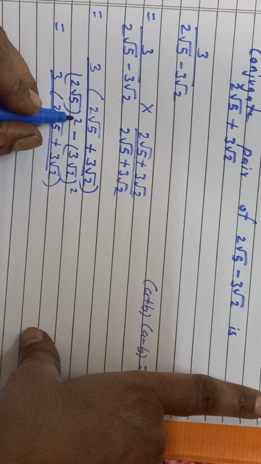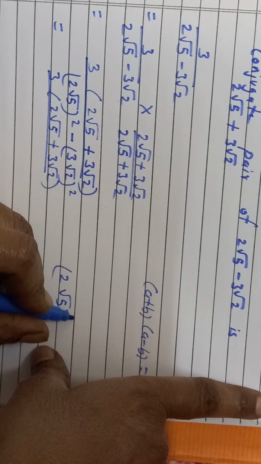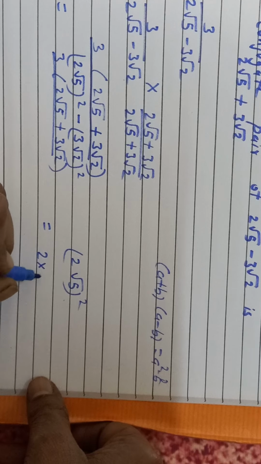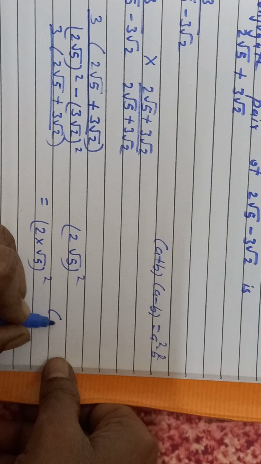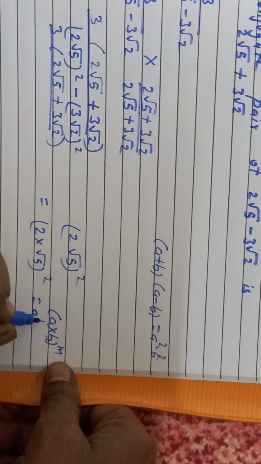Now 2 root 5 square means what? I'll just show it to you separately here. It means 2 into root 5 square. And we have studied in laws of indices: a into b raised to m means a raised to m into b raised to m.